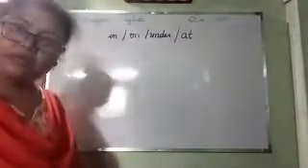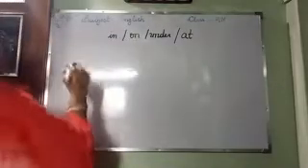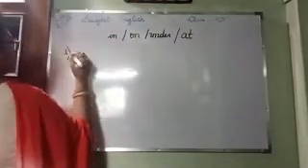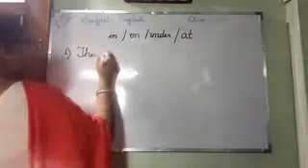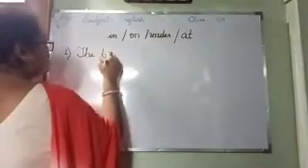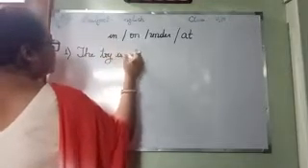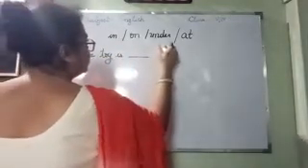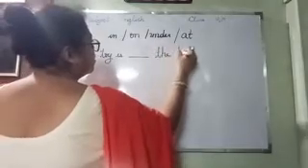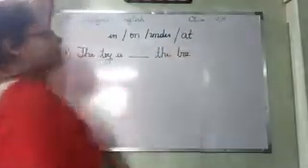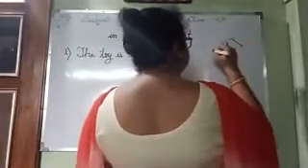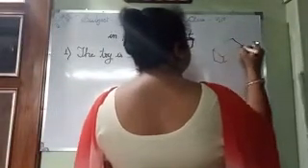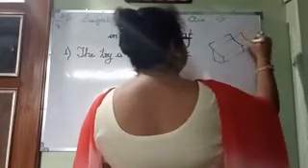So, first sentence with in. One last practice, okay? The toy is dash the box. Suppose this is a box, and it has been opened.